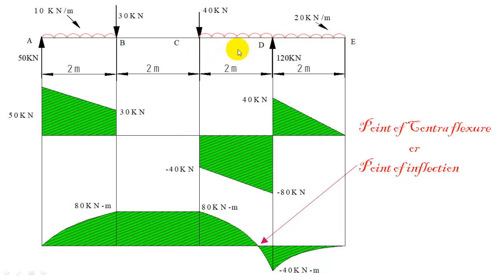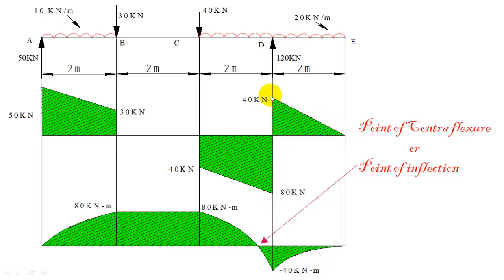And for the section CD, the right of C we know minus 40, left of D we know minus 80. So minus 40 to minus 80, it has to vary in that section CD. Now for this section, right of D we know plus 40, left of E is 0. So 40 to 0 is the variation for that section.